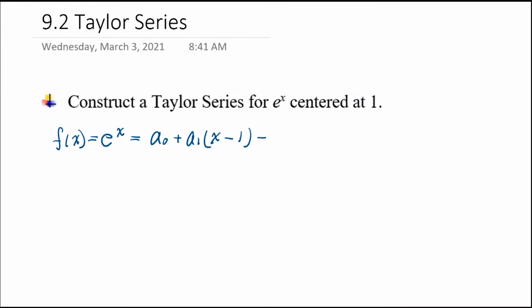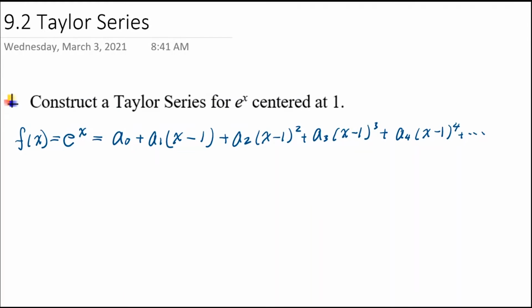So plus a2 (x minus 1) squared plus a3 (x minus 1) cubed plus a4 (x minus 1) to the 4th power plus dot dot dot. Good.